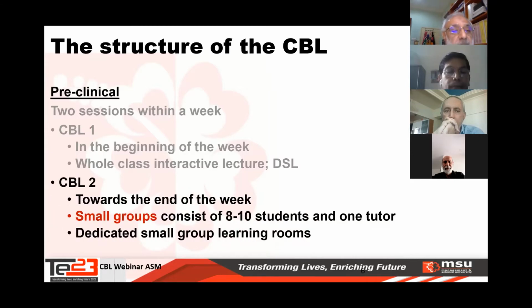Whereas in the second session, the students are divided into small groups like in PBL, 8 to 10 students in a group, and they use dedicated small rooms, and we can use the same rooms as we use for our problem-based learning sessions. And this is towards the end of the week.